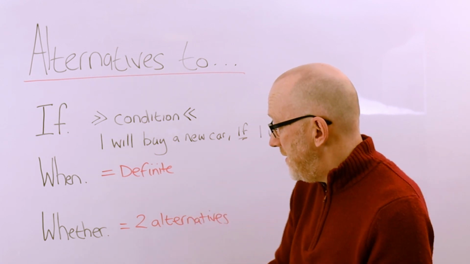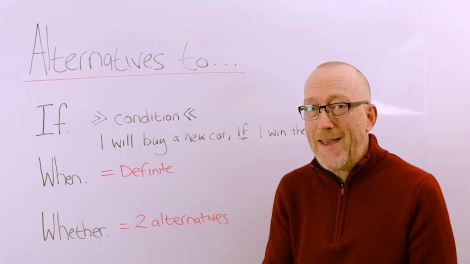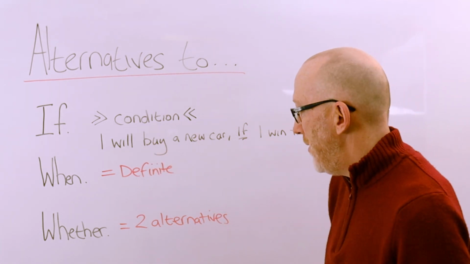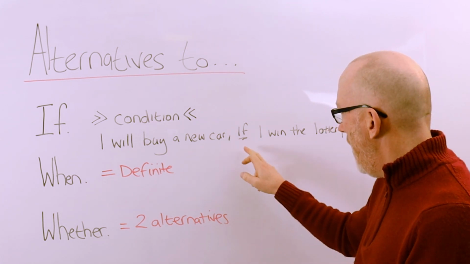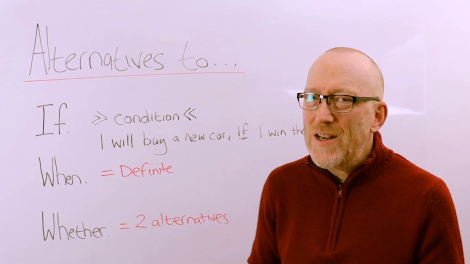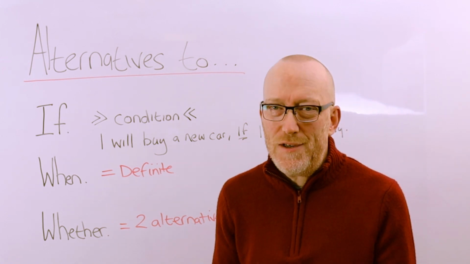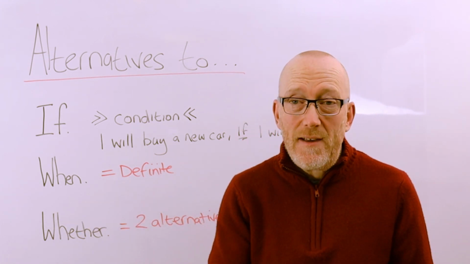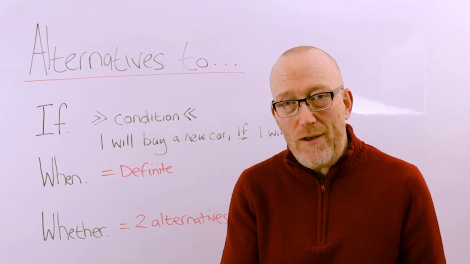You are definite about it. It is a definite action. Now, obviously, I cannot be definite that I will win the lottery. I wish I could be, but I'm not. So I can't really use when in this sentence, because when I win the lottery doesn't really make sense because I don't know if I'm going to win the lottery first of all.